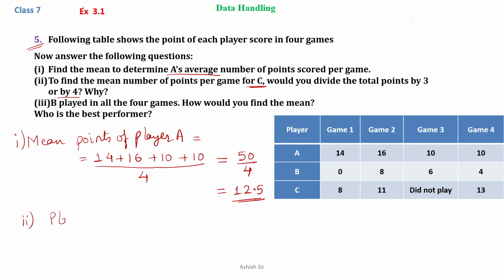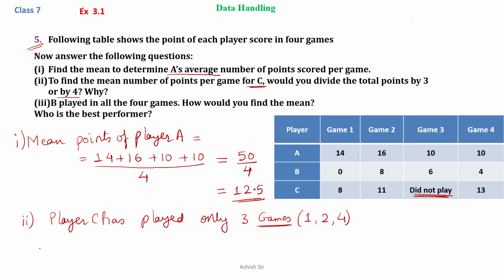Because player C has played only 3 games, that is game number 1, game number 2 and game number 4. Game number 3 he did not play, so we cannot count it in finding the mean for player C.